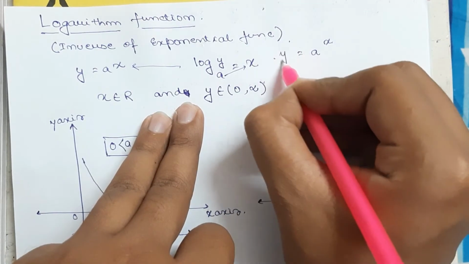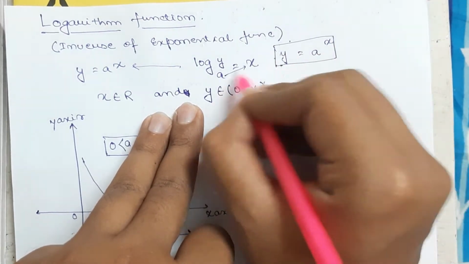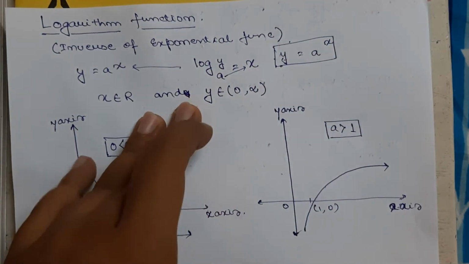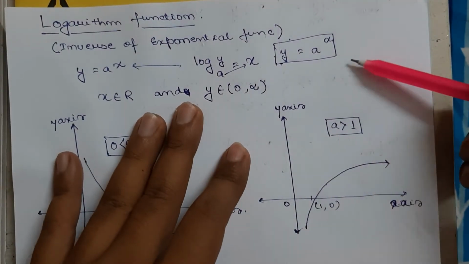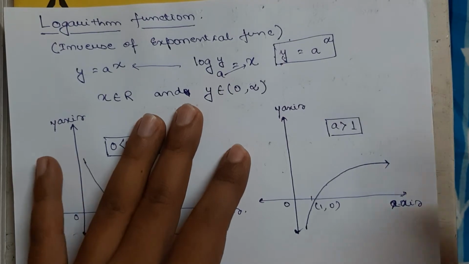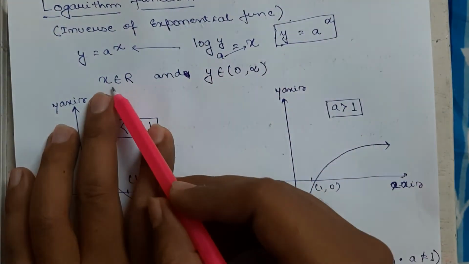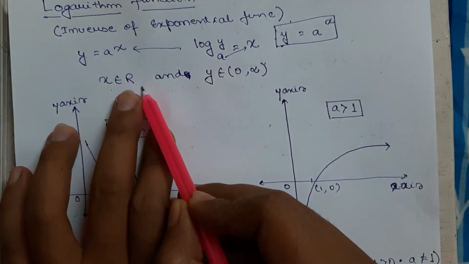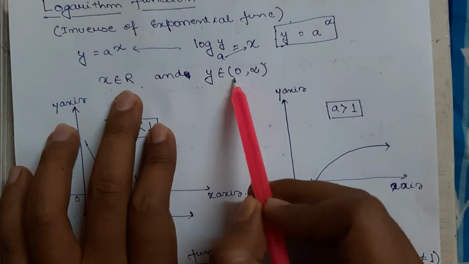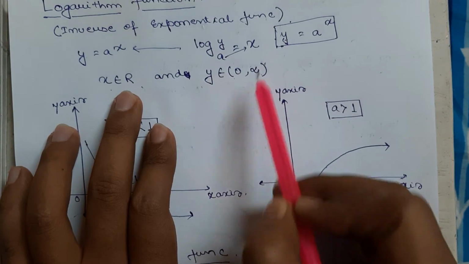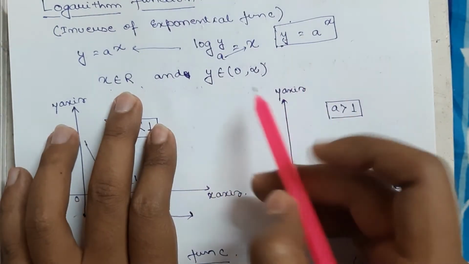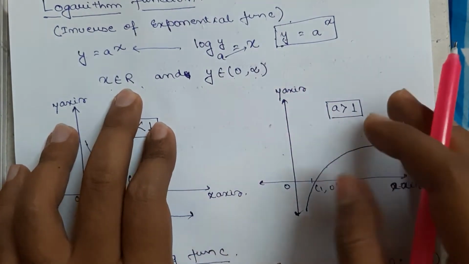And here it is left y, so you can achieve it like this. If you don't remember it, I am telling you a trick to remember it, but this is not the actual one. Okay, and here x is any real number, and y should be from 0 to infinity, excluding 0 and infinity. Okay, why excluding 0 and infinity, I will discuss it.